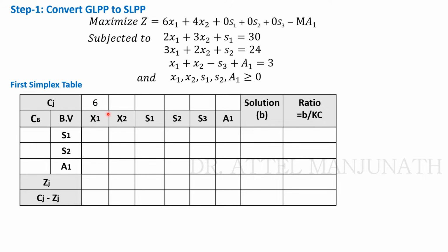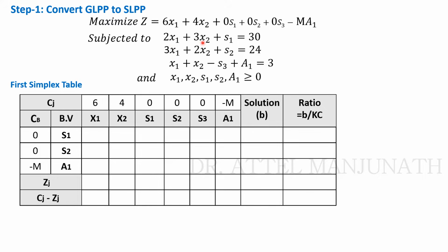Now write the coefficient values of the objective function. x1 is 6, and for x2 it is 4, and s1 it is 0, s2 it is 0, s3 also it is 0, whereas for the artificial variable a1 it is minus M. Now similarly you can write the coefficients for s1, s2 and the artificial variable, minus M here.